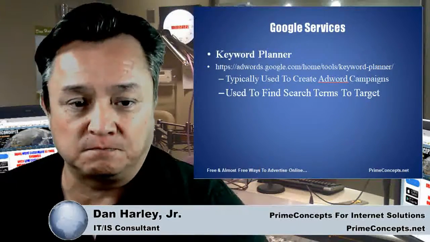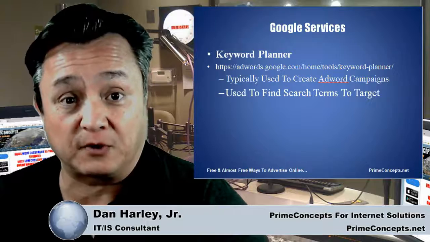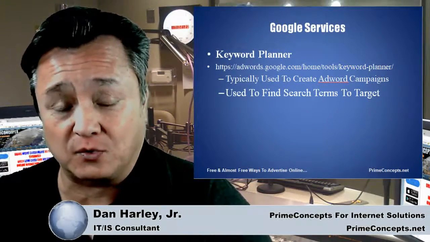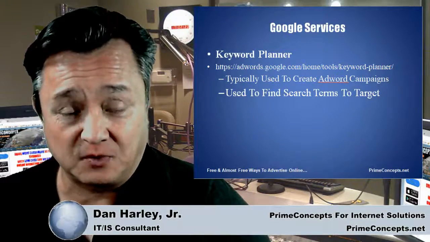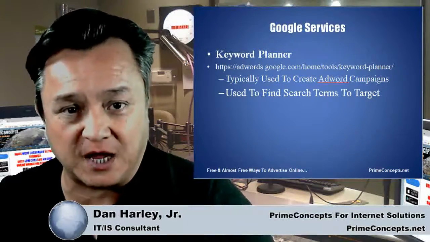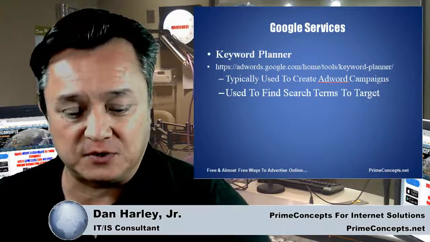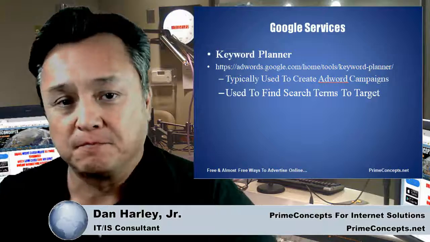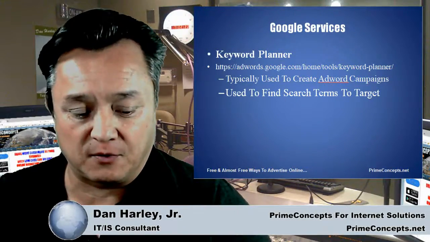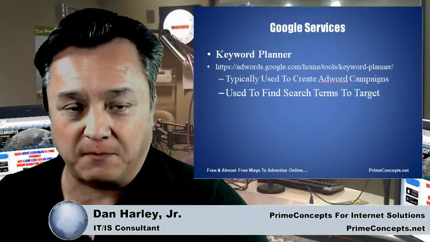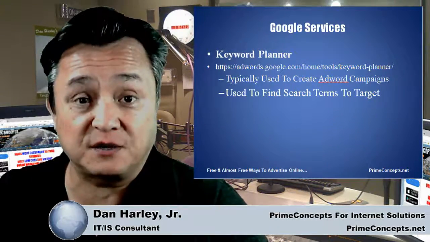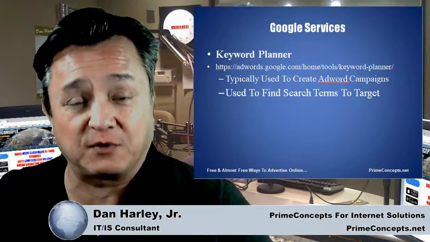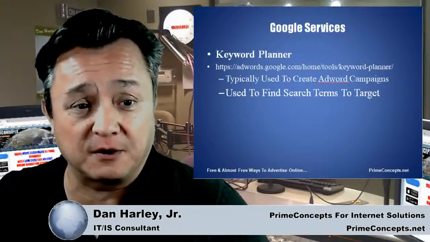Now, obviously, it's used for pay-per-click campaigns too, as well as I use it extensively on offline campaigns, or rather organic search engine campaigns, where you get a pretty good idea of the search term you should be targeting for either pay-per-click or organic campaigns. Now, most people think you have to use AdWords, but not necessarily. And we're going to cover that in the Q&A a little bit later too.